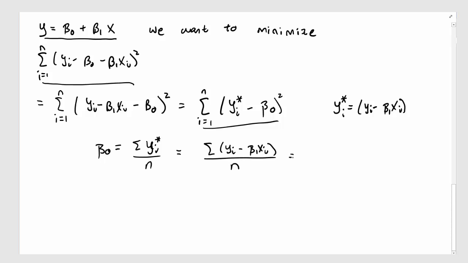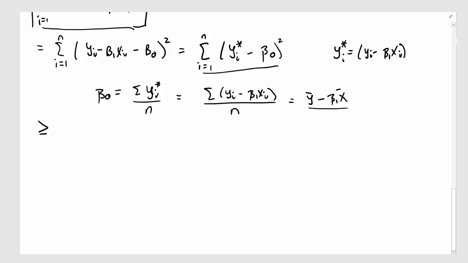If I distribute out that sum, I get y bar minus beta 1 x bar. So my least squares criteria is only going to get smaller if I plug in a beta naught that satisfies y bar minus beta 1 x bar.